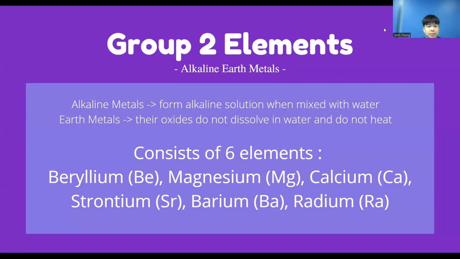The group 2 elements consist of 6 elements, which are beryllium, magnesium, calcium, strontium, barium, and radium.